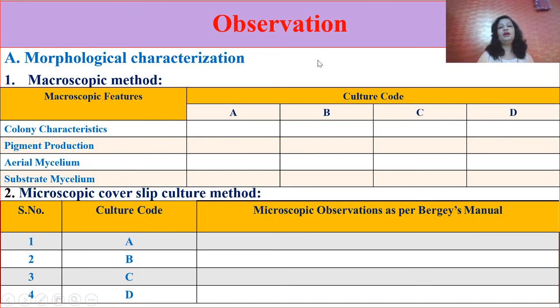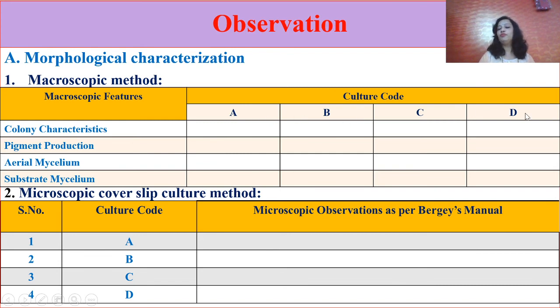So these are the observation tables. Initially, we observe the culture for morphological characterization, and the observations are depicted in this macroscopic method. The macroscopic features are colony characteristics, pigment production, aerial mycelium present or absent, and substrate mycelium present or absent.